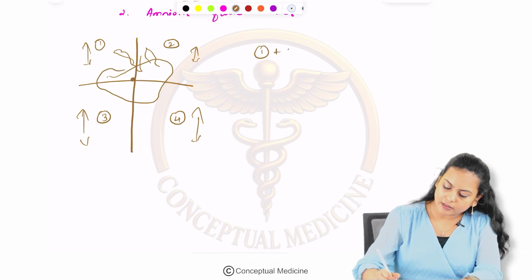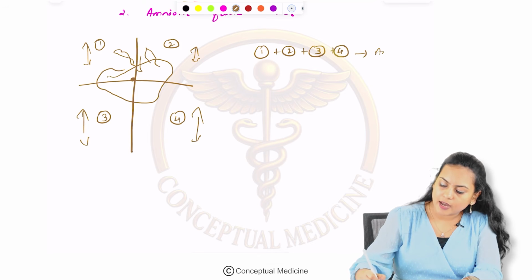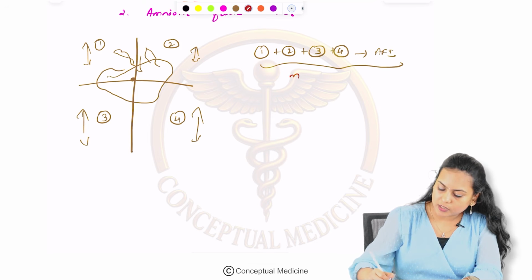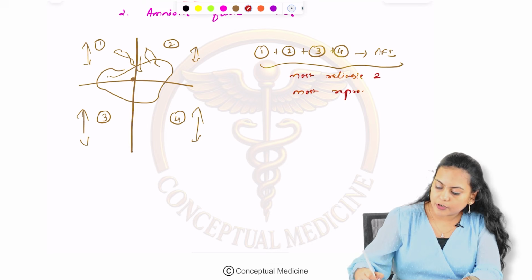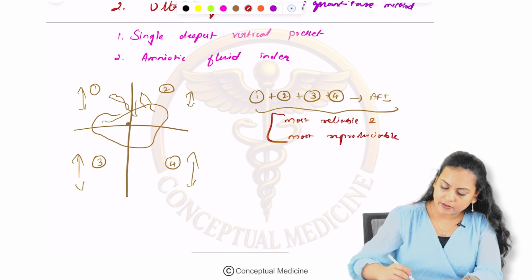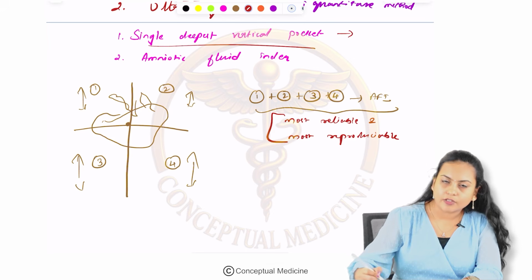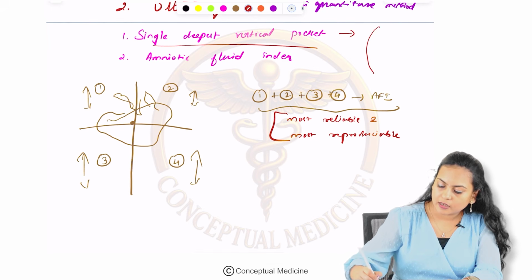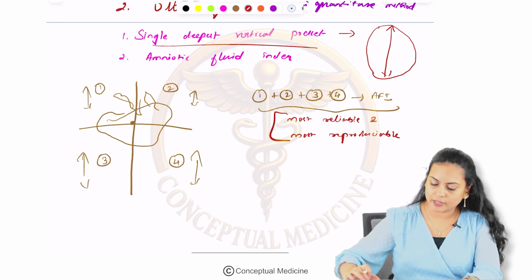Then if you add all the 4 vertical pockets, we will be getting amniotic fluid index. So this is the most reliable and most reproducible method of measuring amniotic fluid. Whereas in measuring single vertical pocket, we will be considering the uterus as a single cavity and measuring the deepest vertical pocket here. Okay, so this is not that reliable.